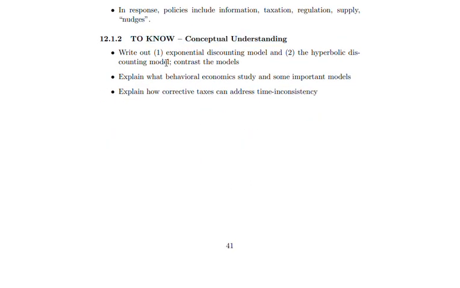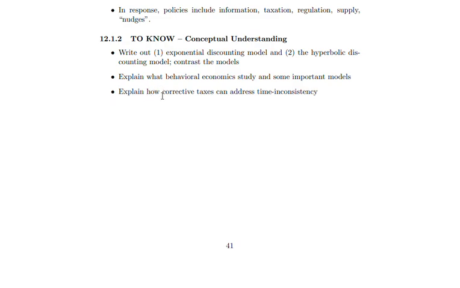So what to know? Write out the exponential discounting model and the hyperbolic discounting model. Contrast the models and explain what behavioral economics studies and some important models like risk aversion, the endowment effect, or something like that. Risk, especially risk aversion, is a very popular concept.